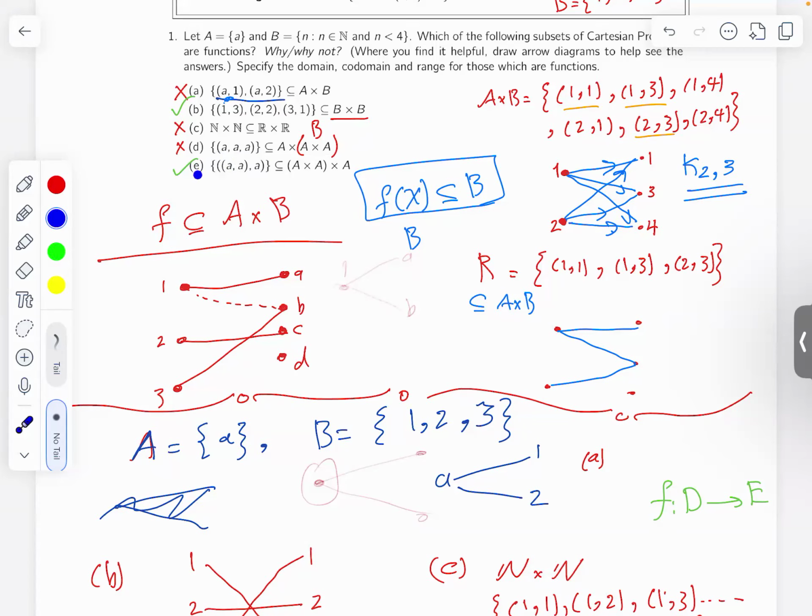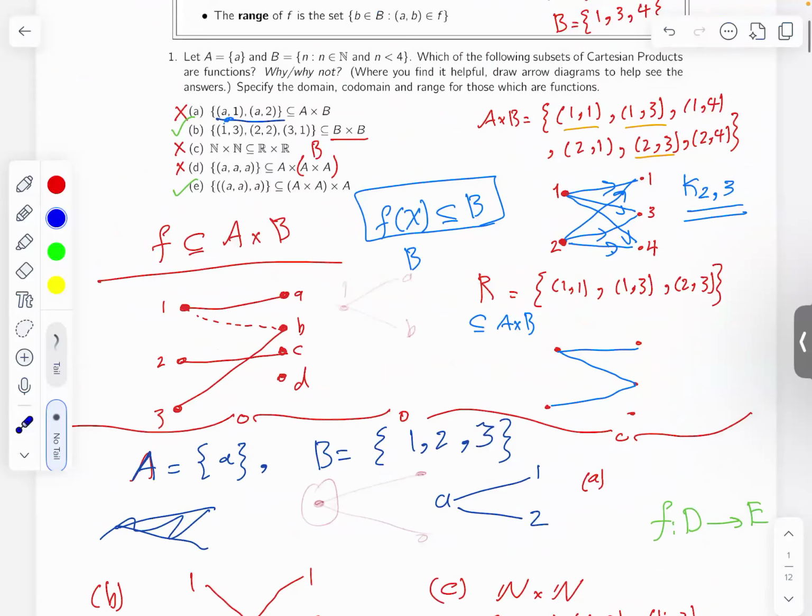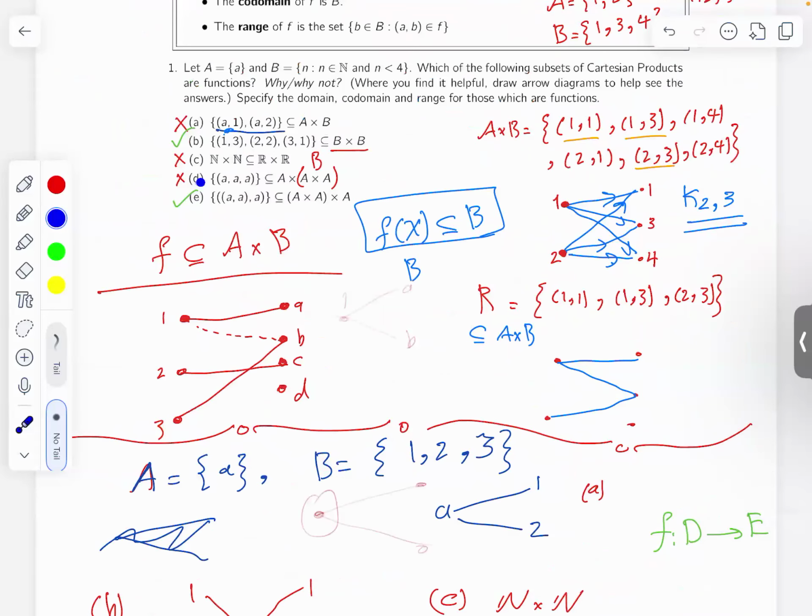But in part E, we see that A times A is inside parentheses. We count this as one set, and the second one as another set. So this will be a product function, where the first A is an input and the third one is another input. So E is a function, but D is not a function.